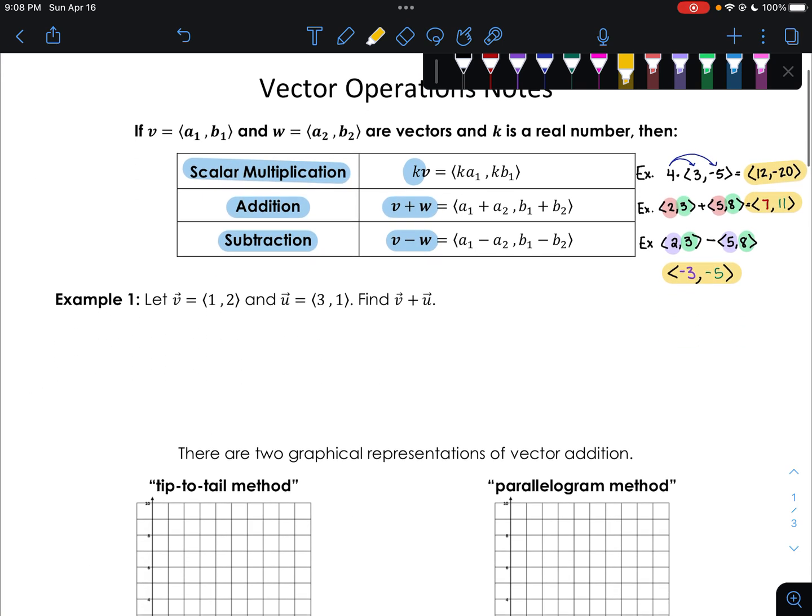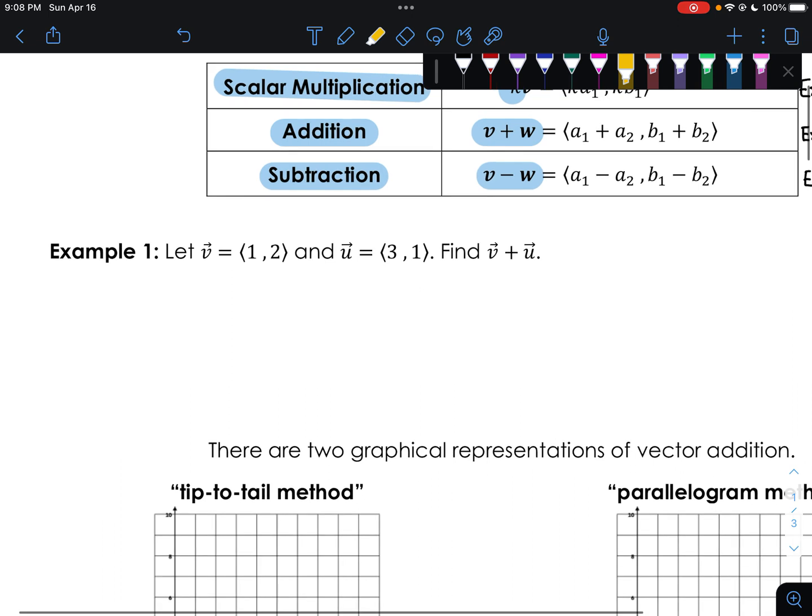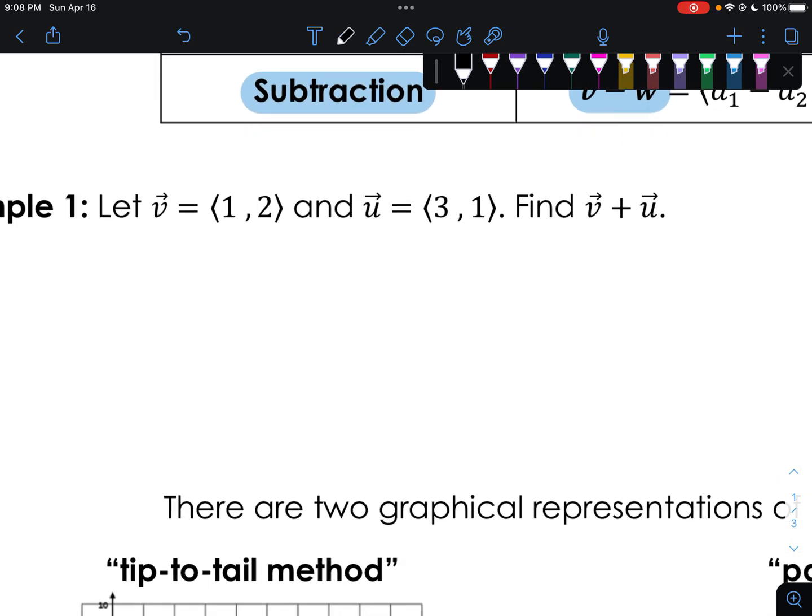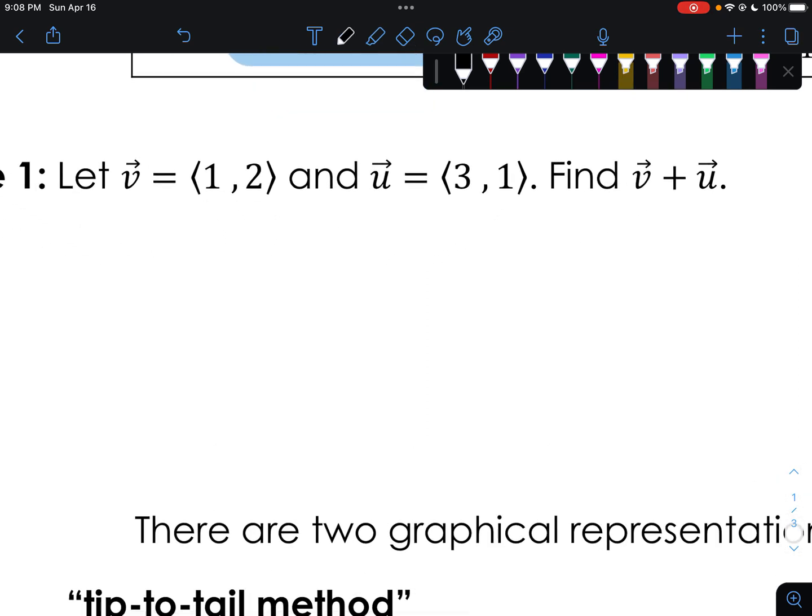Okay, so in example 1, we're going to let vector v be 1, 2, and vector u be 3, 1. And we want to find vector v plus vector u. Since we're adding vector v plus vector u, we're just going to go ahead and add.